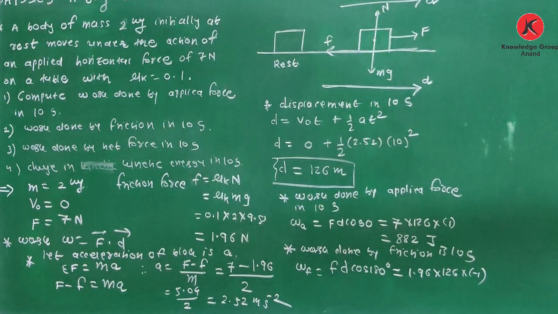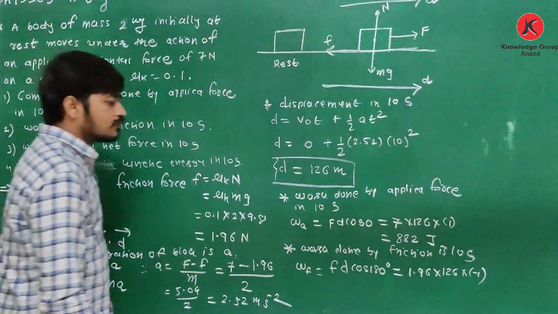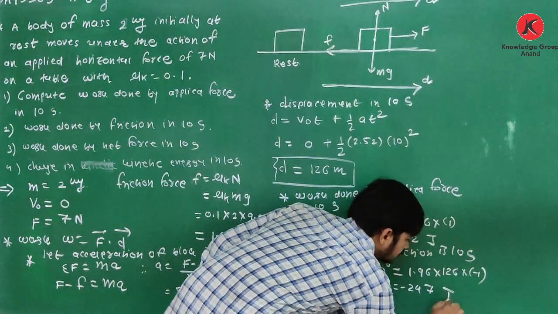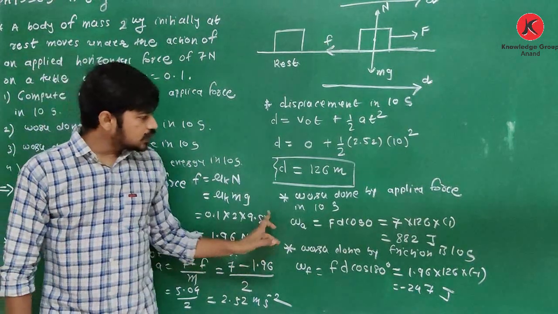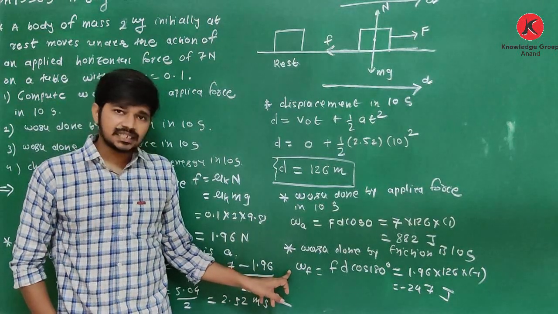So 1.96 into 126 into minus 1 is equal to minus 247. Clear about this? So the previous one is the work done by the applied force, and this is the work done by friction in 10 seconds.